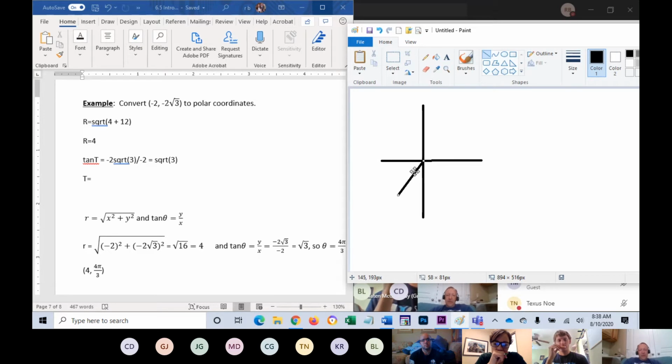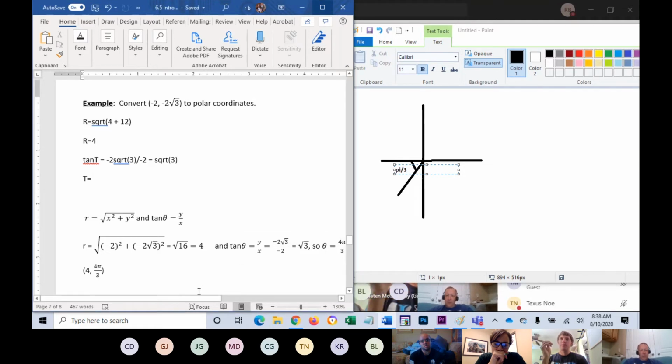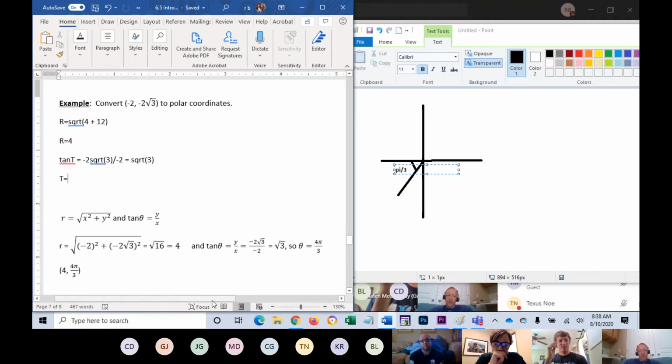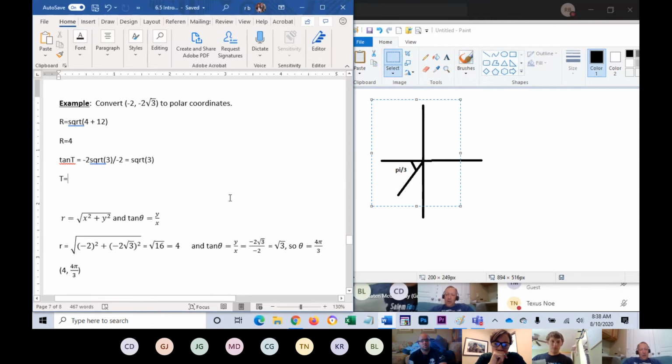And so basically this here is pi thirds. And because we're in quadrant 3, therefore we're using 4 pi thirds as our answer here. Okay? Does that make sense? Yep. So 4 pi thirds.